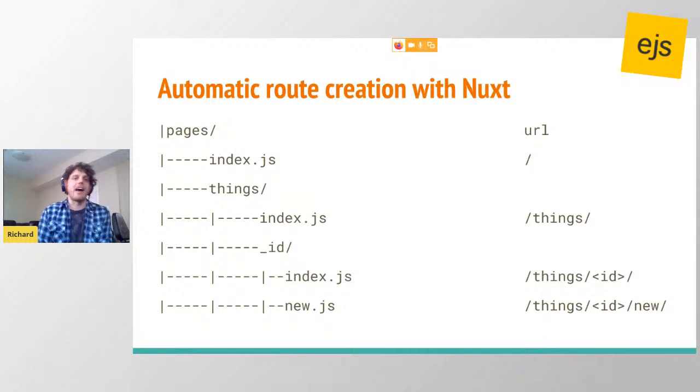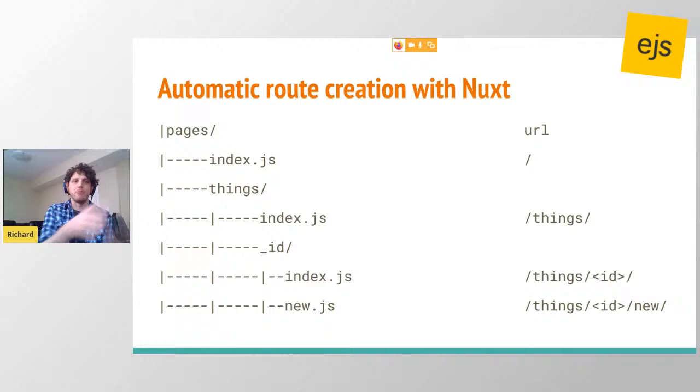So here we have my terrible, terrible Google Slides drawing of a directory. So the pages folder is something that is built into Nuxt. So when you spin up your project, it's going to be there. And it's going to allow you to not write the routes yourself.